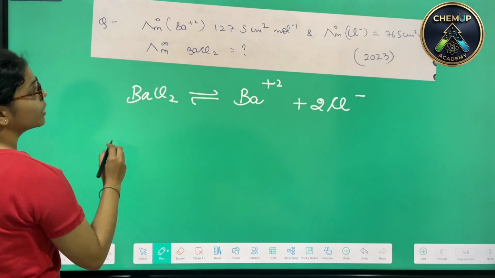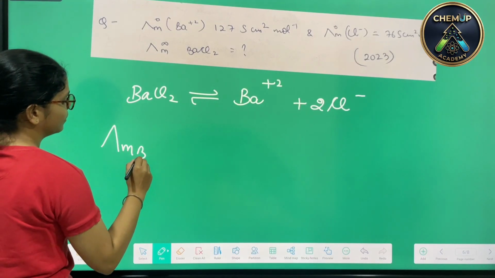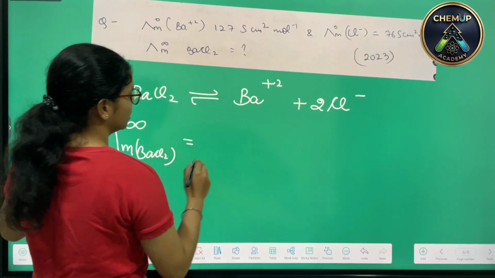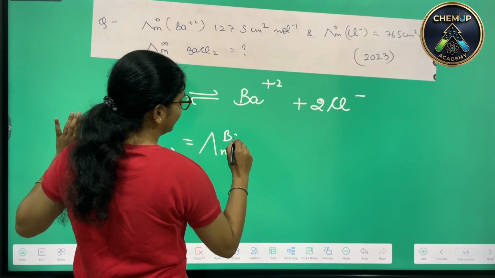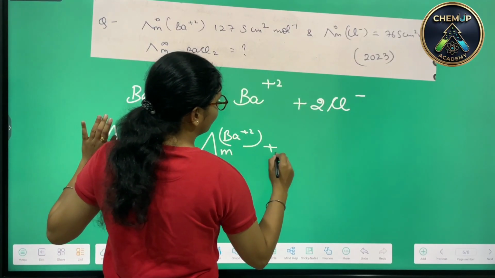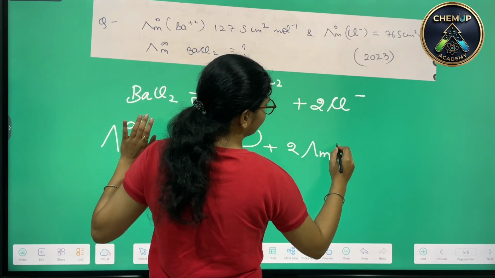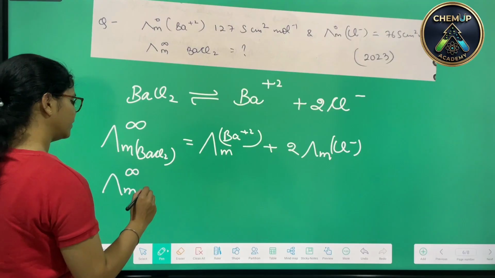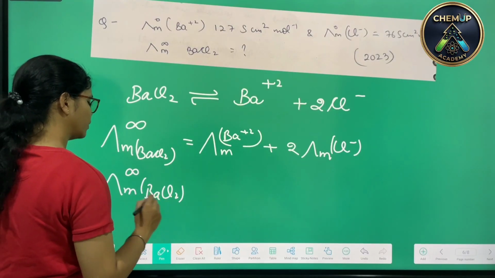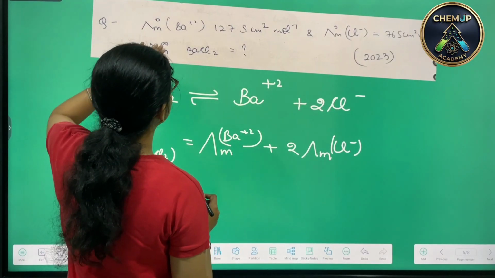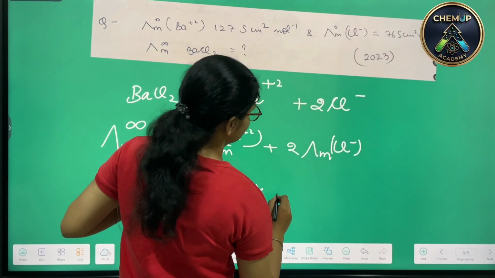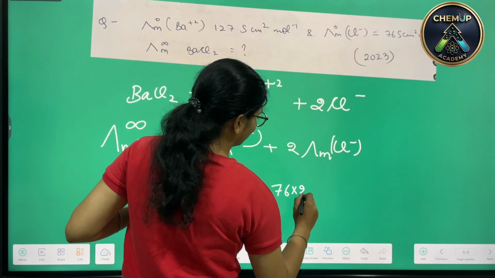Therefore, for BaCl2, at infinite dilution, we have M of Ba plus 2 plus 2 M of Cl negative. On placing the values, MBa is given as 127 and here they have given 76 into 2.